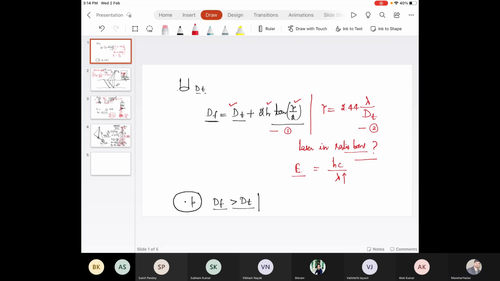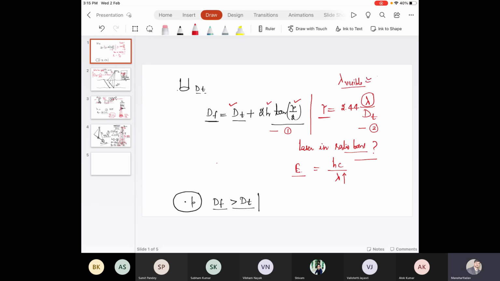Okay. So anyway, I think it's an open discussion, so you can think from different perspectives. It's a good part. See, in equation 2, when we select a very small lambda, like lambda in the visible spectrum, we have red, green, and blue.